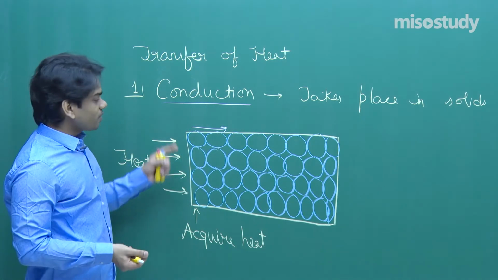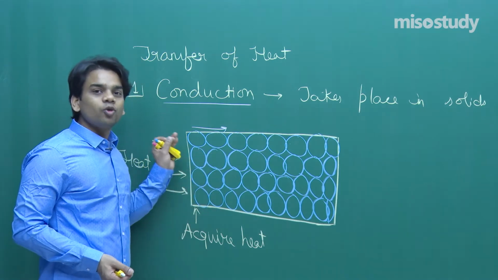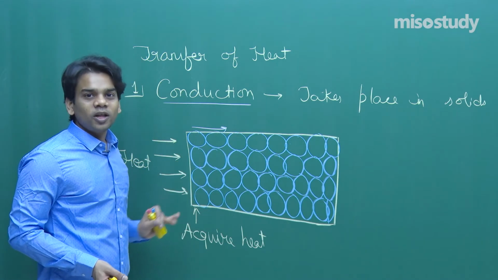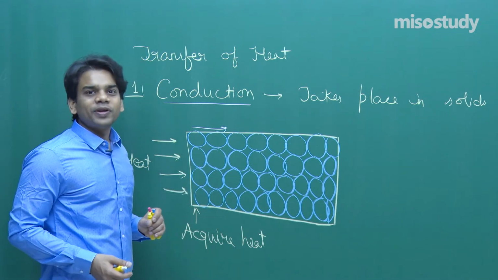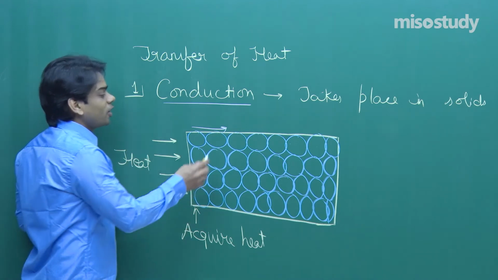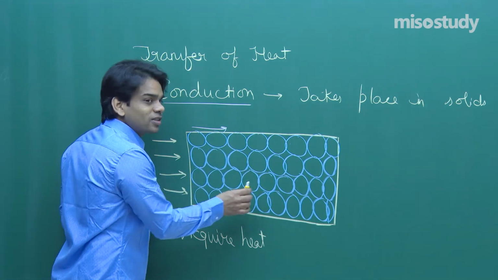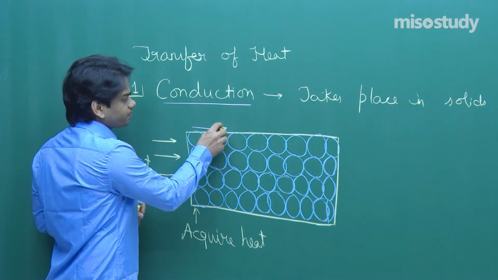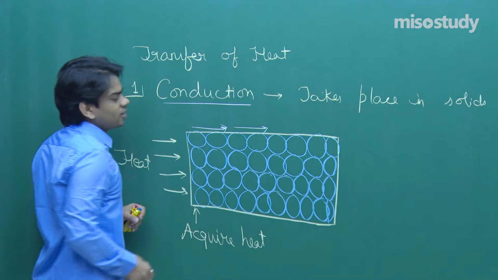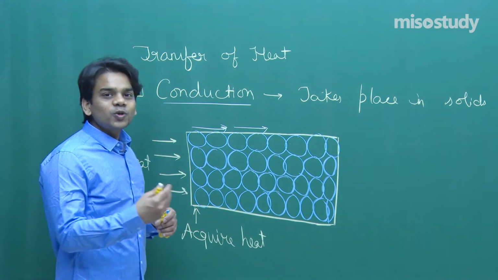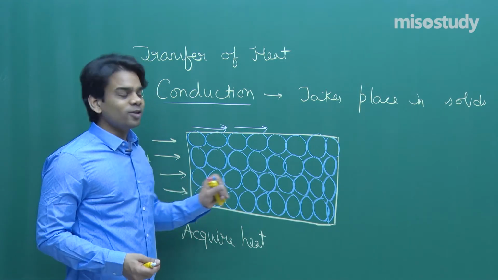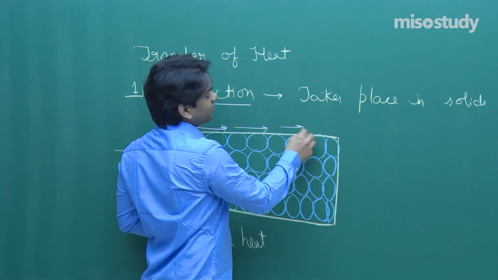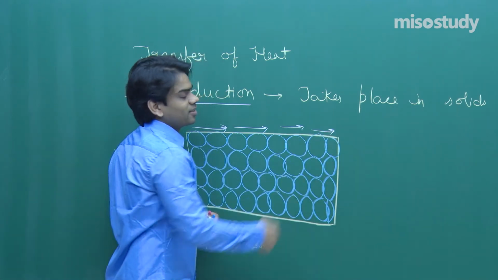Then further, as the heat energy keeps adding up in this molecule, its vibrational effect keeps increasing, and the next neighboring molecule starts vibrating, and its vibrational effect is enhanced. Further, this effect goes on transmitting from one end to the other, and finally the heat is transmitted at the other end.